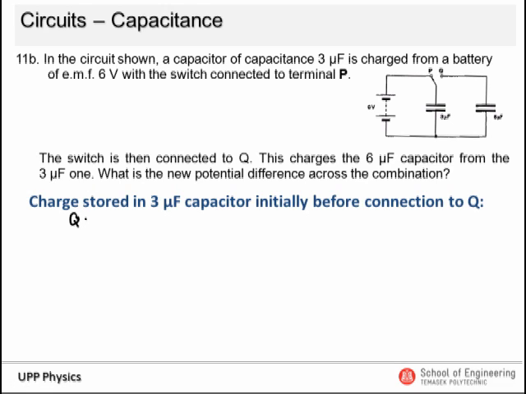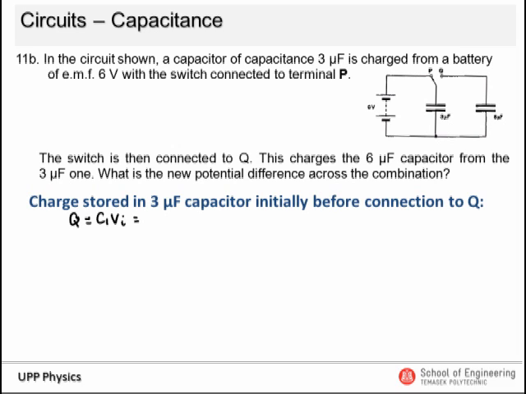Q equals C1 V initial, where C1 represents the capacitance and V_i represents the initial PD applied across the 3 microfarad capacitor. So let's substitute in the values.